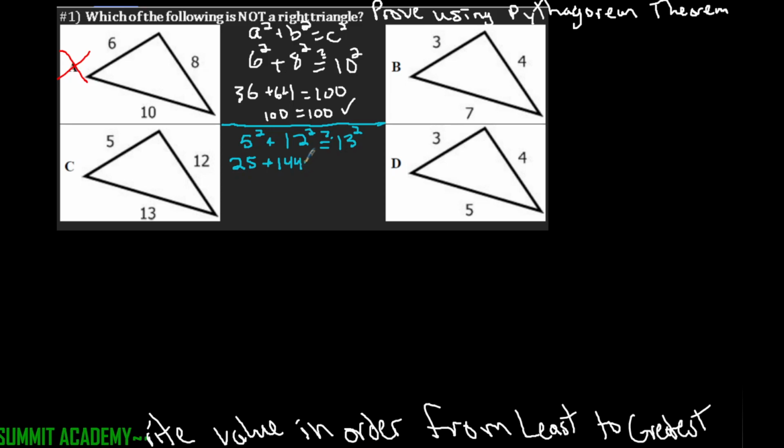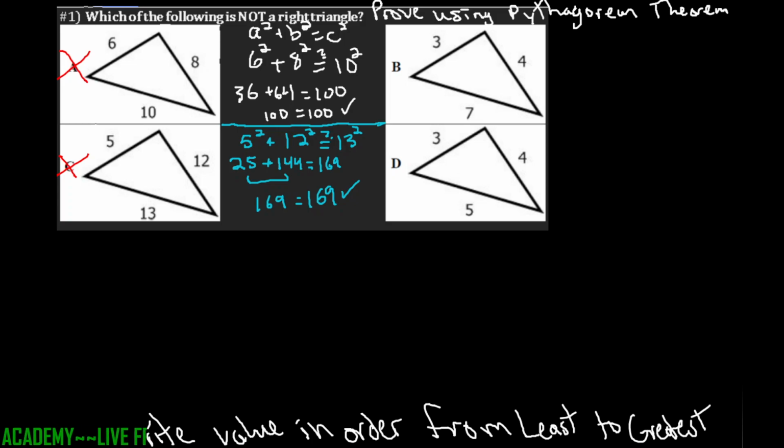And 13 times itself is 169. Add these two together. I have 169 is equal to 169, which means it is a right triangle. So I know it's not C. So I can cross C off.